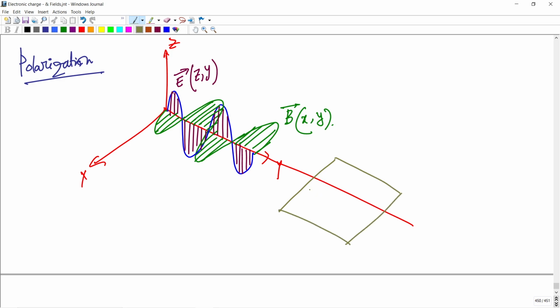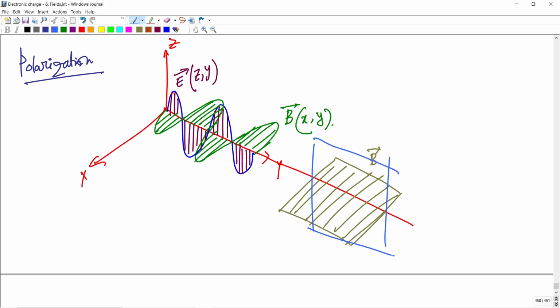This plane represents the magnetic field plane, and on top of that there is the electric field plane. You see that these two planes, the magnetic field plane and the electric field plane, are mutually perpendicular. So light is confined in two planes because light is an electromagnetic wave.